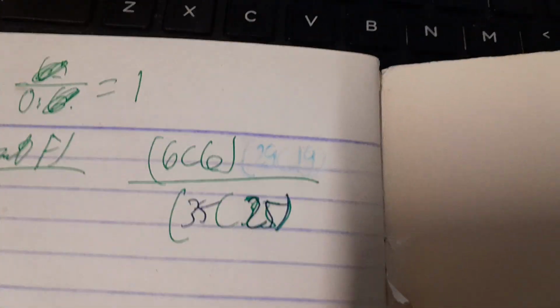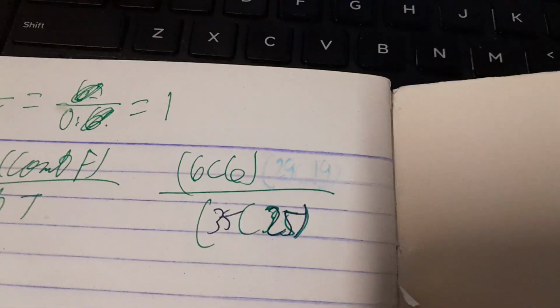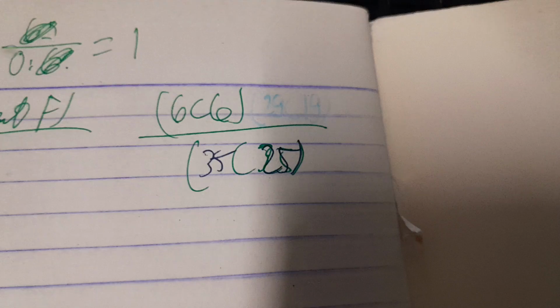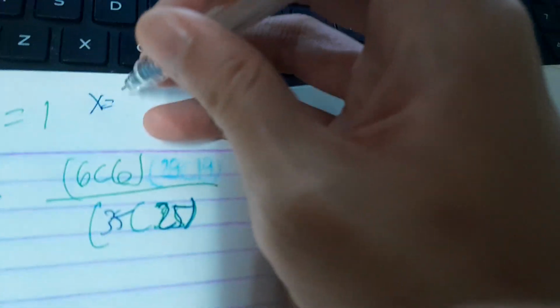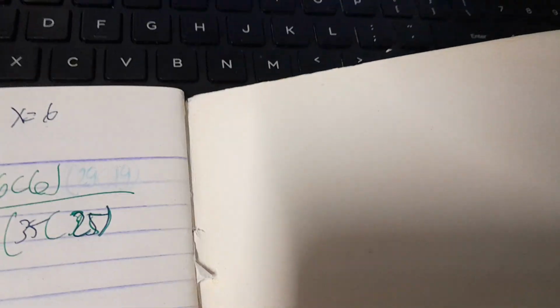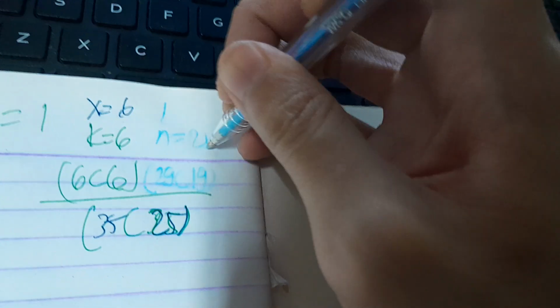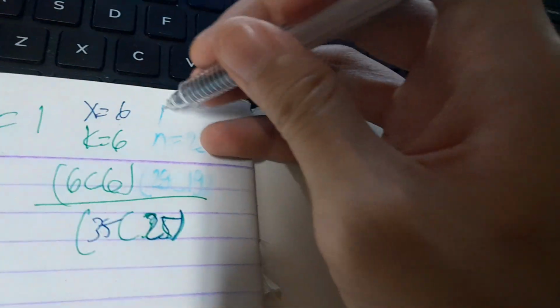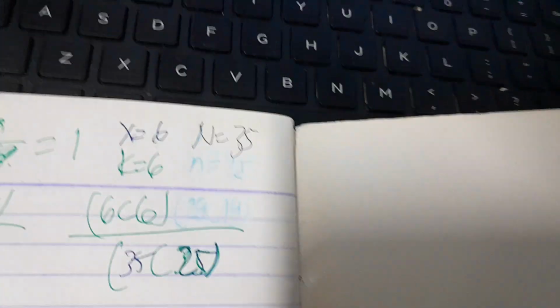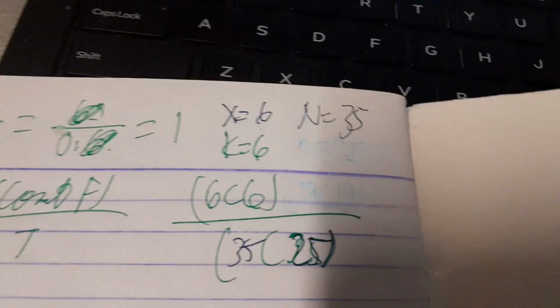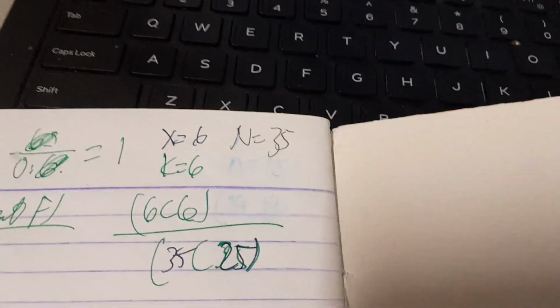It's just like the hypergeometric probability distribution, the one I discussed last time. Our x is 6, our k is 6, the lowercase n is 25, and the capital N is 35. So kCx is 6C6. Then capital N minus k, 35 minus 6, is 29.